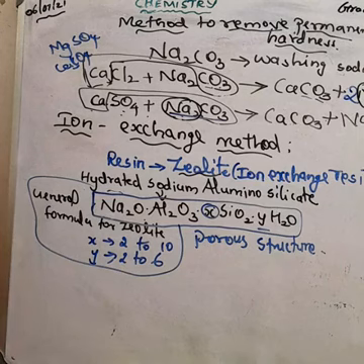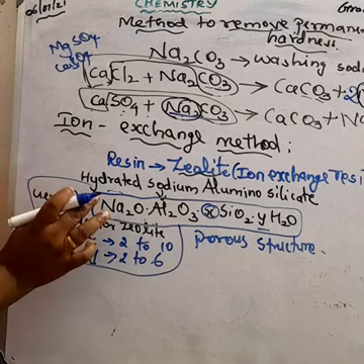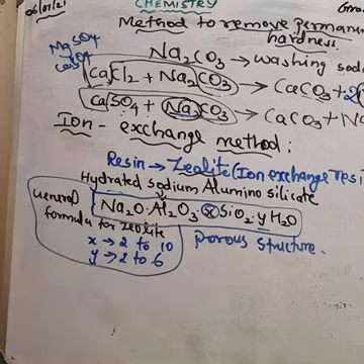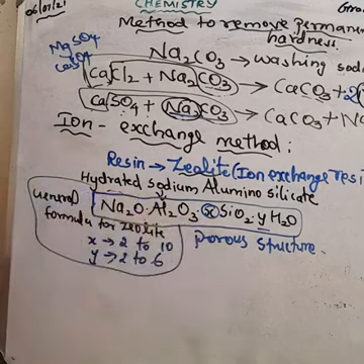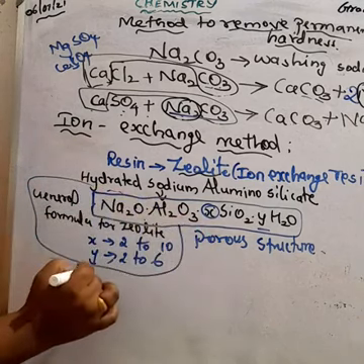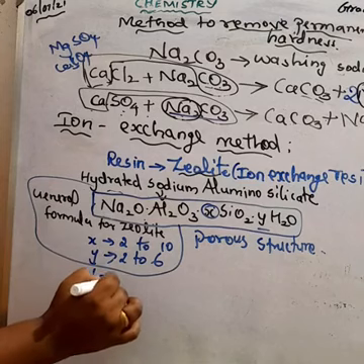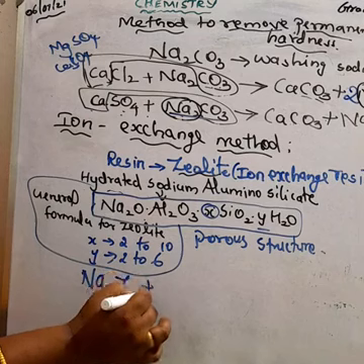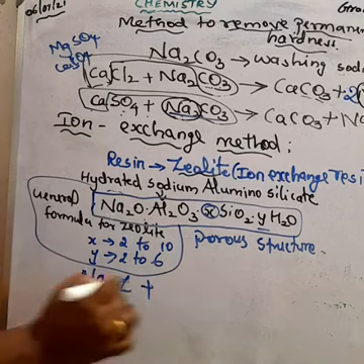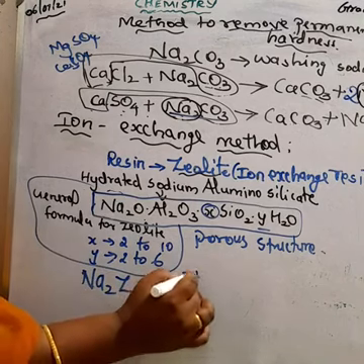The complex structure can conveniently be represented, so conveniently we can write it as Na2Z plus M2 plus. M2 plus means maybe calcium 2 plus, maybe magnesium 2 plus. M means metal.